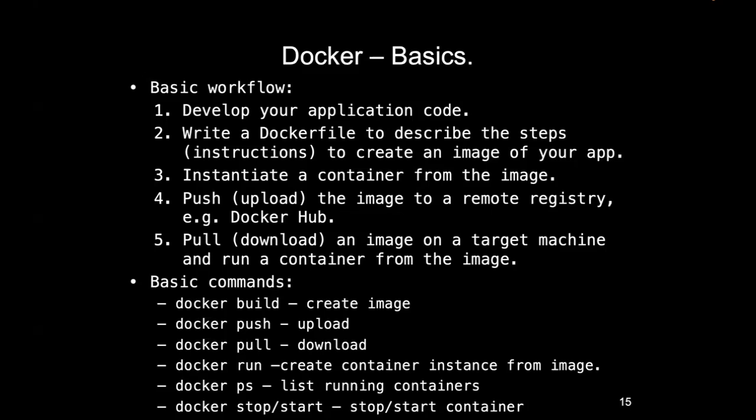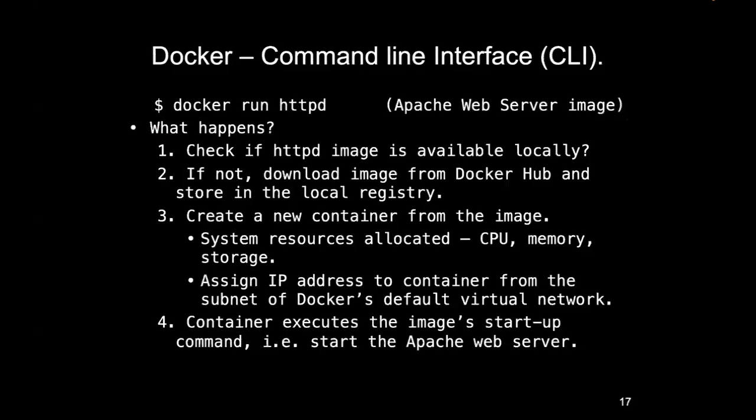Typically the very first thing you would want to do with Docker is to run a container. And how do we do that? Well, we use the Docker run command, and everybody hopefully has done that by now. The simplest form of the command is what you see there.